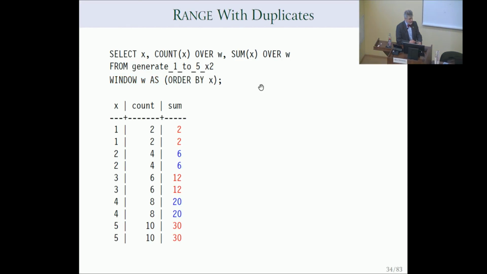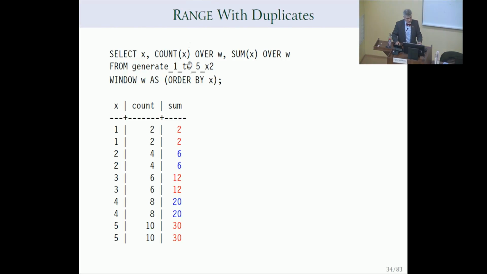Here's a different example. We haven't seen anything like this before. Okay. Why are we seeing this? Well, it's order by X, range, unbounded preceding to current row. You may remember, if you have an order by, then the current row is the last row that has the same order by value.